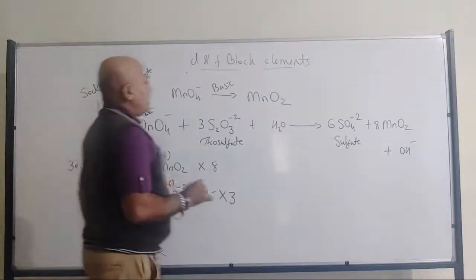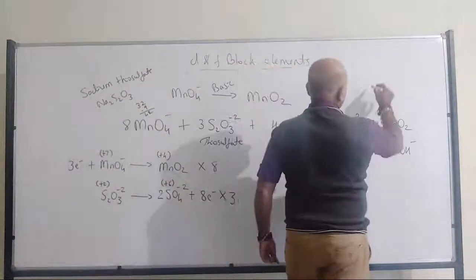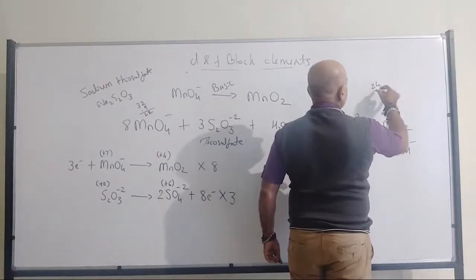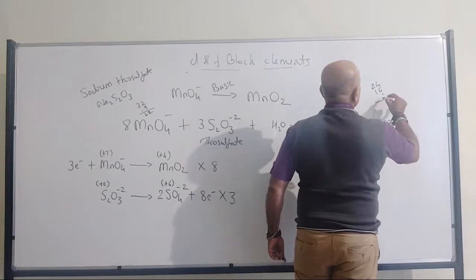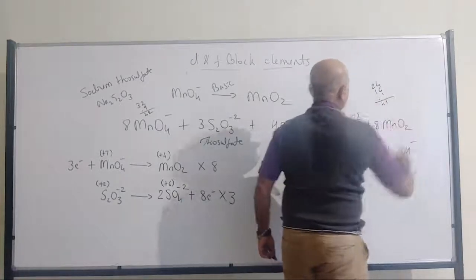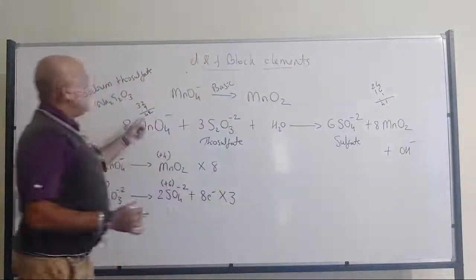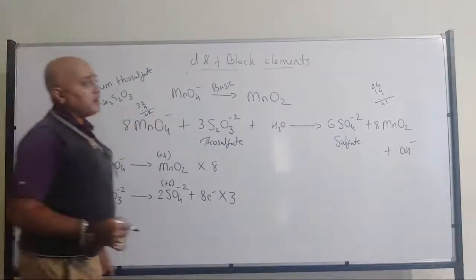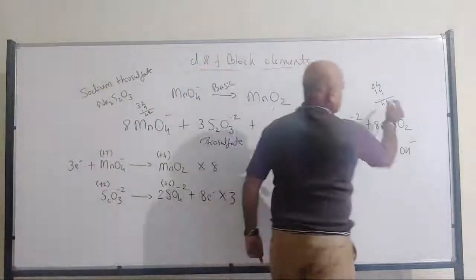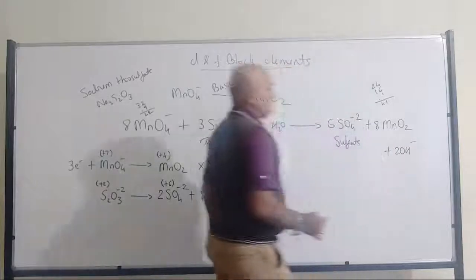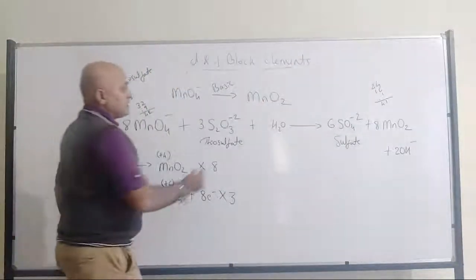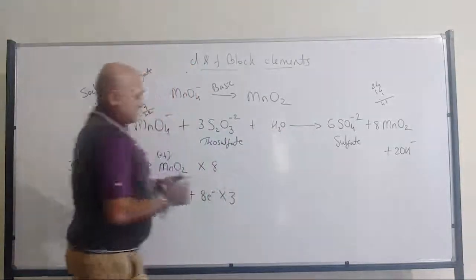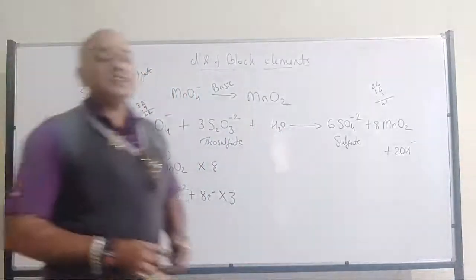So 42 oxygen. Here we have 41, so less oxygen is here, so I will make it 2OH minus. Now I think oxygen got balanced. Even hydrogen is balanced. That's where we have the equation.